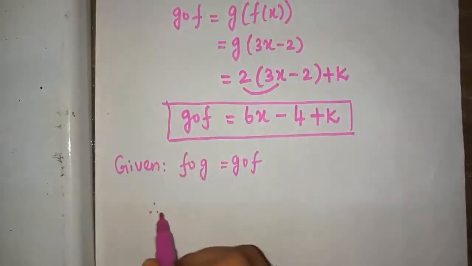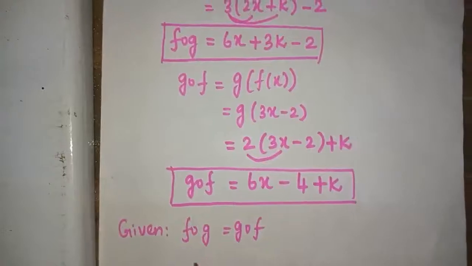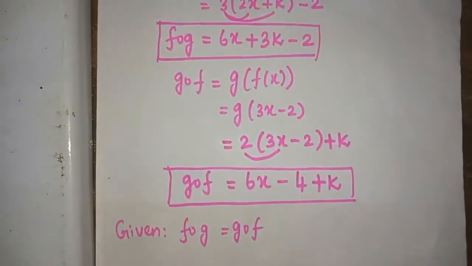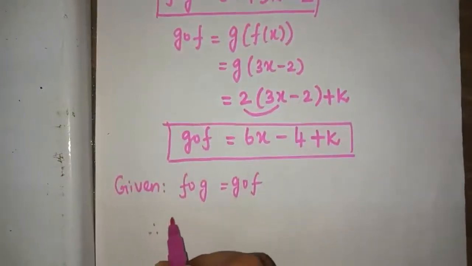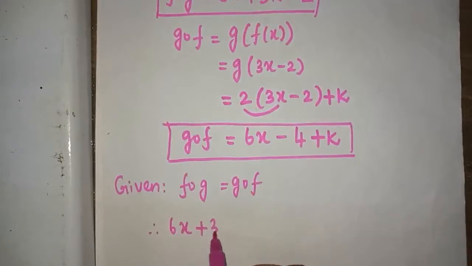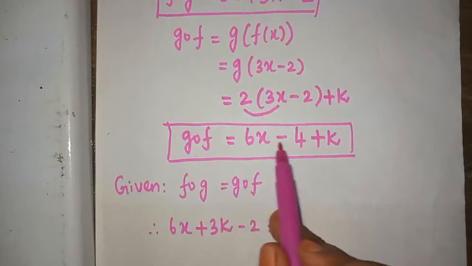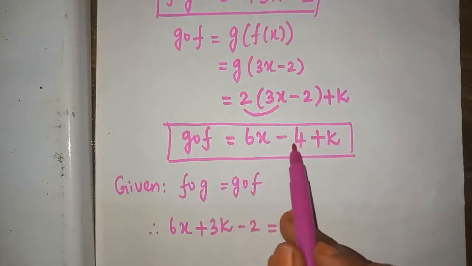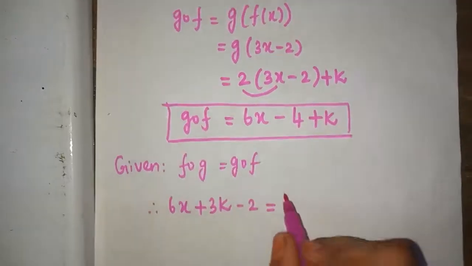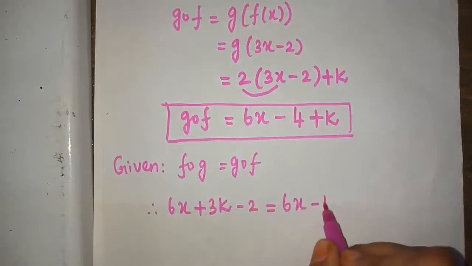So therefore we know f composite g value is 6x plus 3k minus 2, which is equal to g composite f value, 6x minus 4 plus k.